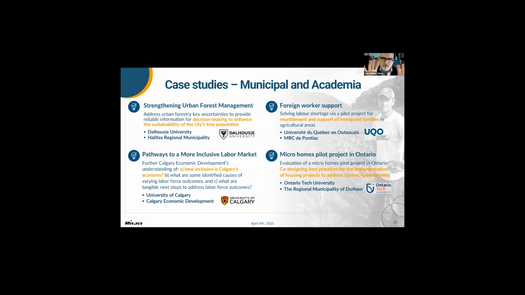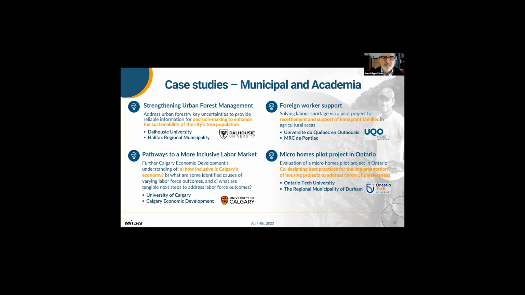And finally, before we get the panel going, I thought I'd share just a few more examples that illustrate different ways in which our programs are being used by our partner organizations. Going clockwise from the top left, the Halifax Regional Municipality addressed key uncertainties regarding urban forestry, which led to improved decision-making capacity. So this was really about building decision-making capacity.